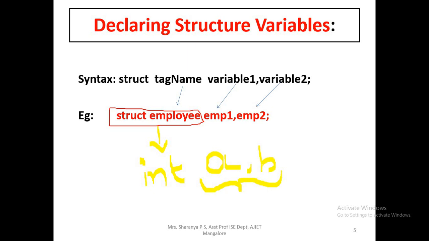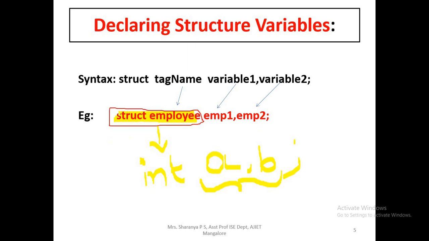That is what we are doing with this statement. That is, struct employee is the new user-defined data type, defined by using the structure definition, and we are creating variables of that user-defined structure type. That is what we are doing with this statement.